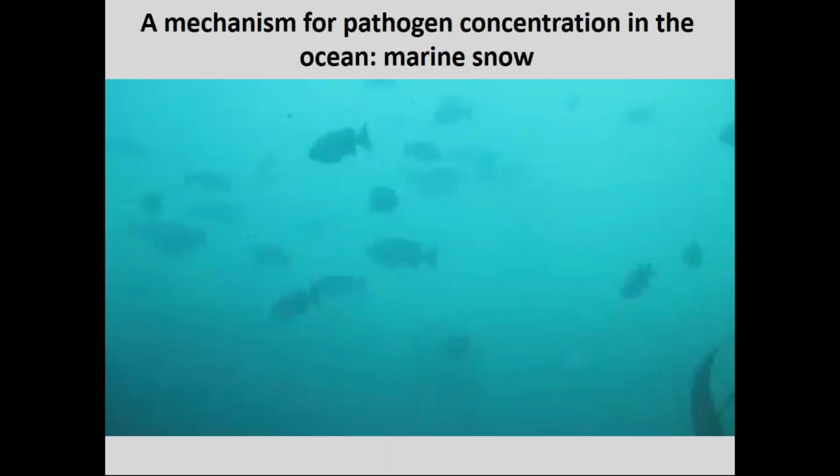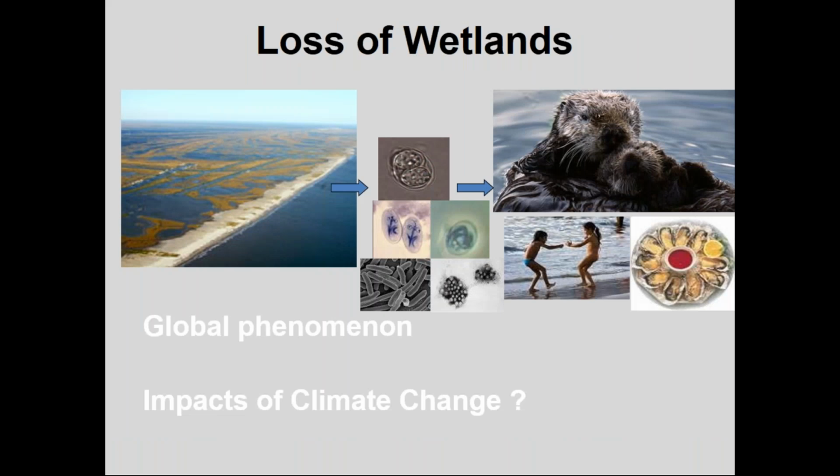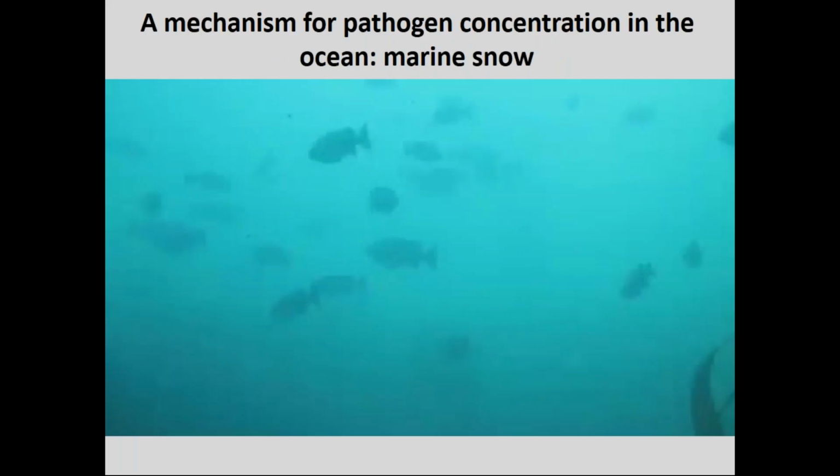And not only is this a phenomenon in California, but it is a common global phenomenon. The coastal environments globally are heavily inhabited by humans. And another question that this will lead into ultimately is, how is climate change having an impact on coastal environment health as well?